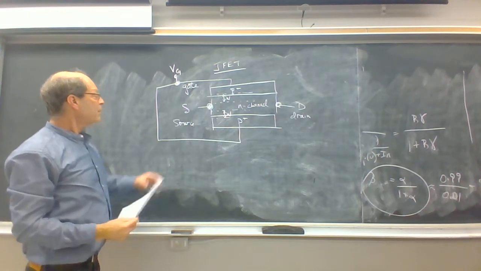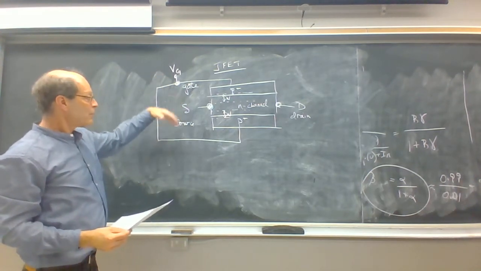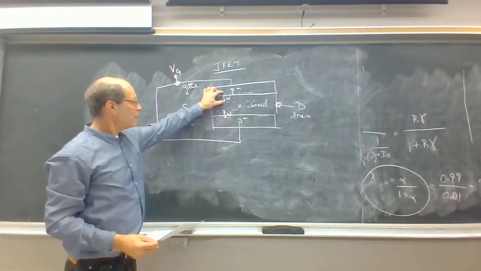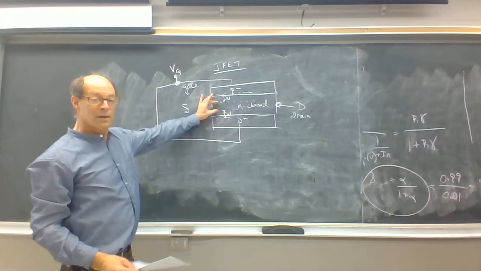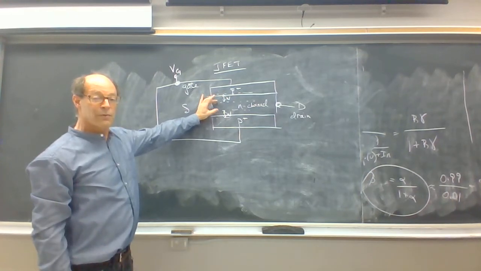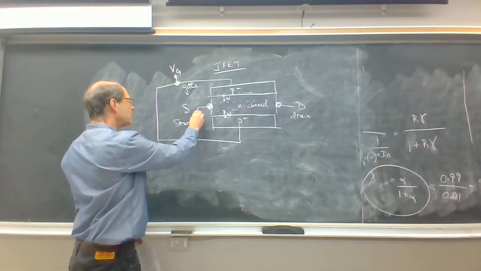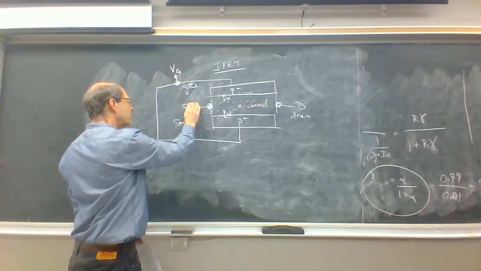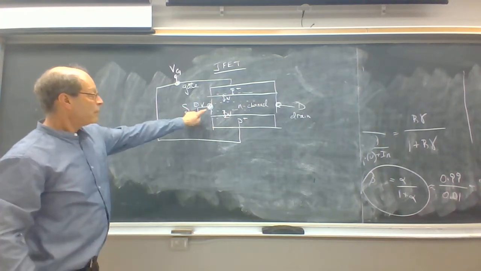So by varying the voltage on the gate relative to the voltage on the source, you can control the widths of these two depletion regions, and therefore you can control the remaining channel width through which the source drain current is passing. So we're going to ground the source. We're going to put 0 volts on the source as a reference point.